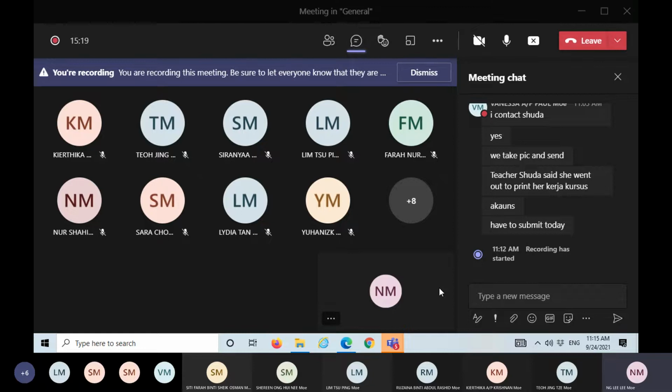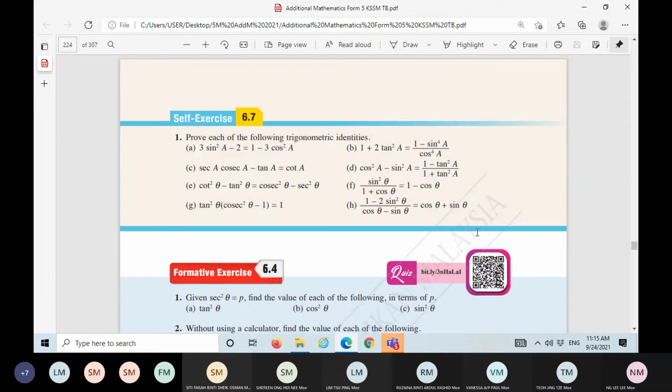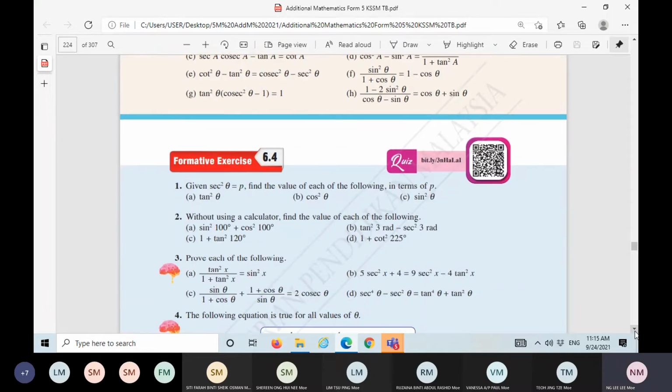And then Tuesday, I gave you, I think, formative 6.4. Okay, this exercise.